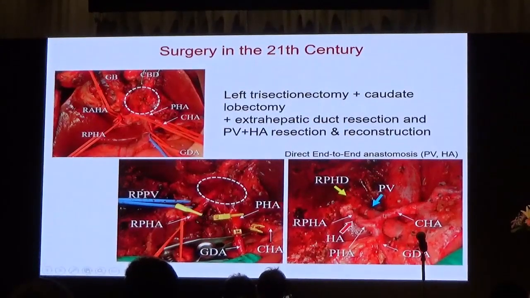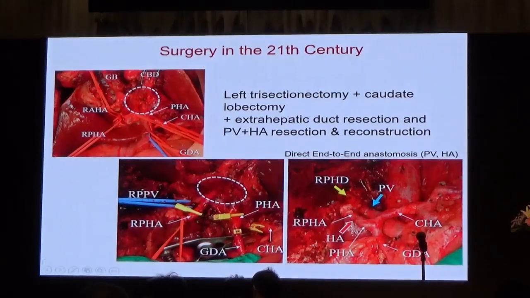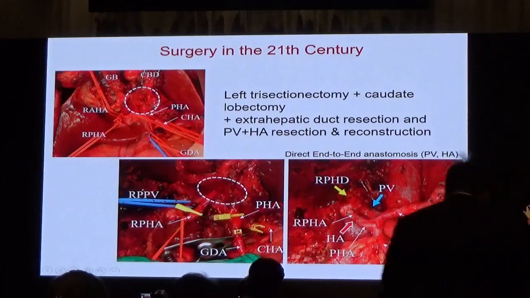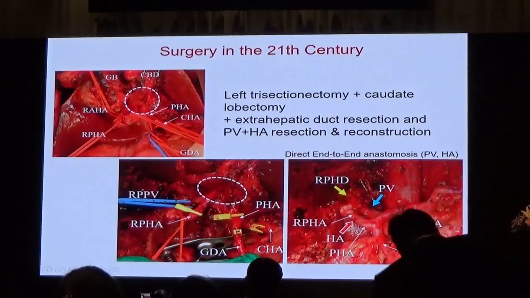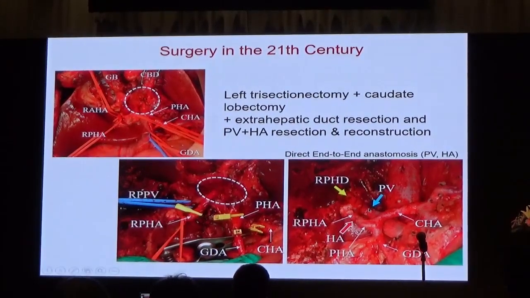Here you see a local cancer invasion of both the hepatic artery and the portal vein. And left hepatic trisectionectomy was carried out. And here you see end-to-end anastomosis between the proper hepatic artery and the right posterior hepatic artery. And for the portal vein reconstruction, an iliac vein graft was used here.